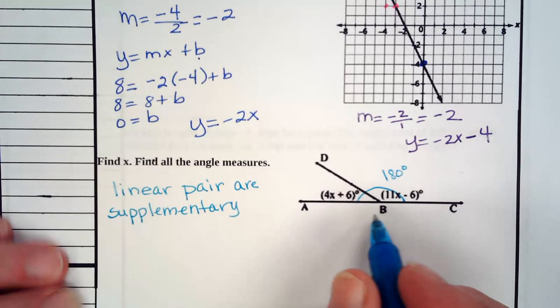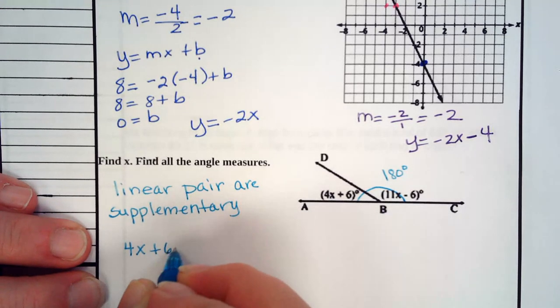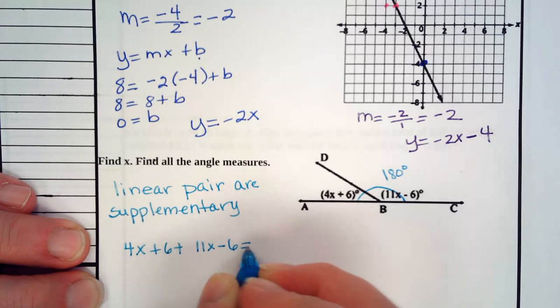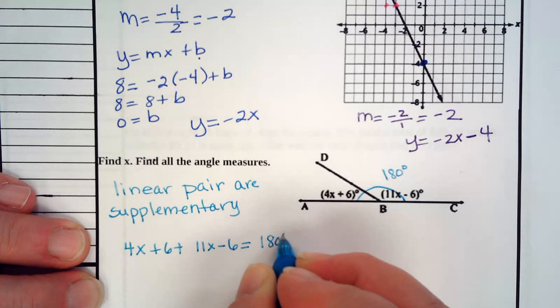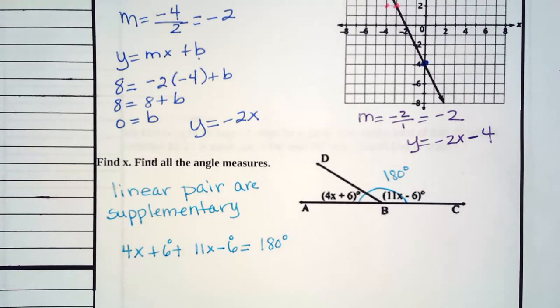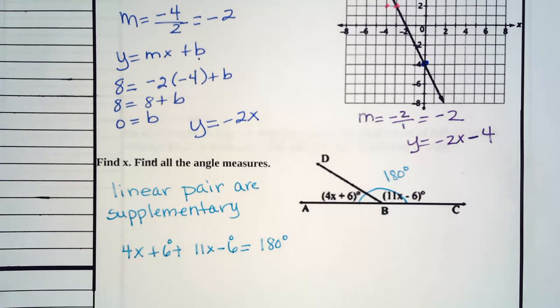So I know that 4x plus 6 plus 11x minus 6 is equal to 180 degrees. Okay, 4x plus 11x, those are my like terms.